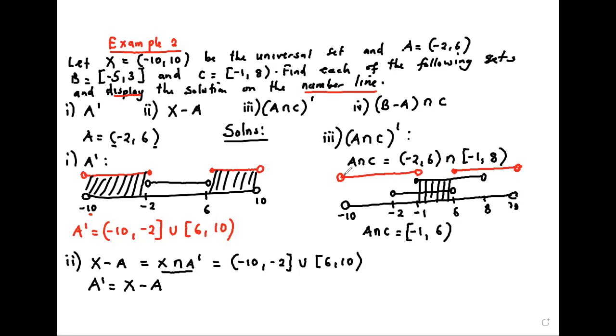So that A intersection C complement now becomes -10, open, all the way up to -1, open, union, 6, closed, up to 10, open.